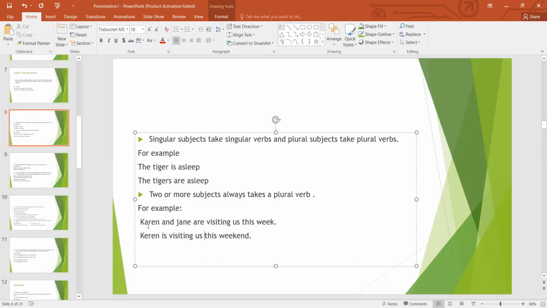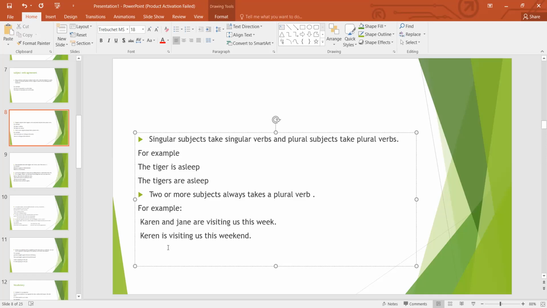So when we talk about two places, two persons, or two things, then we should take plural verbs. But when we talk about only one place or one person, then we need to put singular verbs.